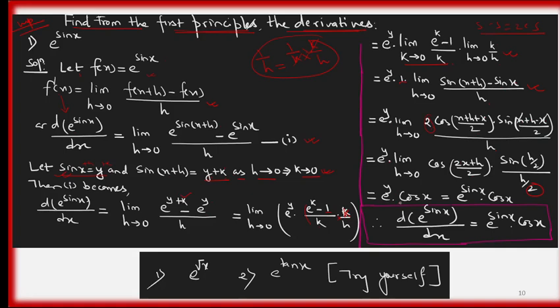Then we apply the limit: e to the power y times, if h is 0, 2x by 2 is x, so we obtain cos x, and the limit as h tends to 0 of sin(h by 2) by (h by 2) is 1. That's why we obtain e to the power y times cos x. That's why, as we have supposed y is sin x, e to the power sin x times cos x. Therefore the derivative of e to the power sin x by dx equals e to the power sin x times cos x.